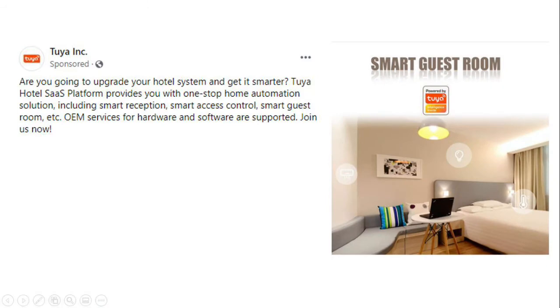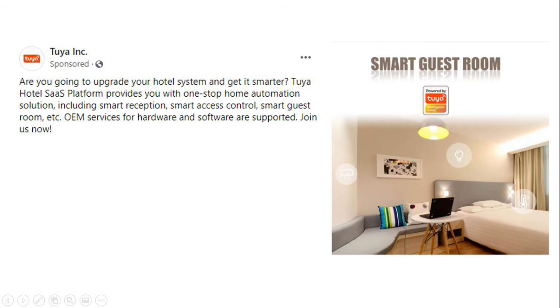Let's see the second example. This is a hotel product, an IT hotel product. The name is Smart Guest Room. Are you going to upgrade your hotel system and get it smarter?